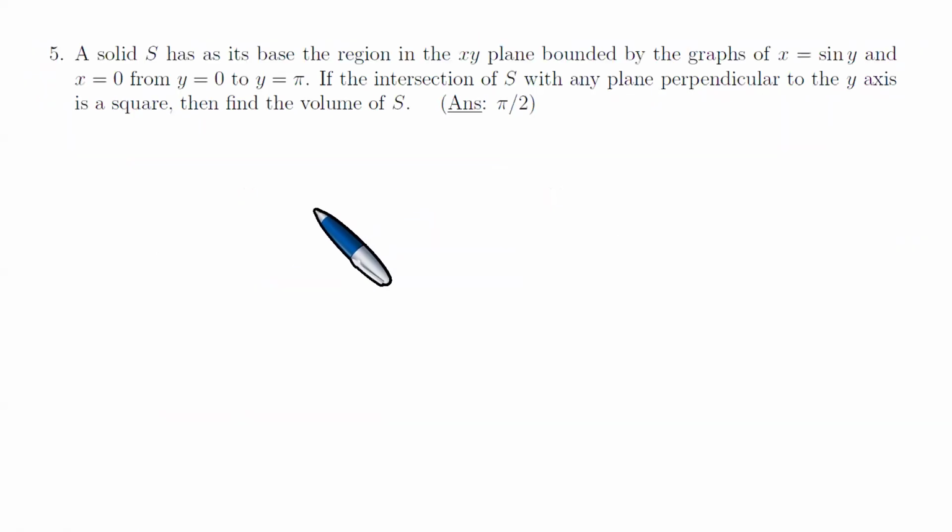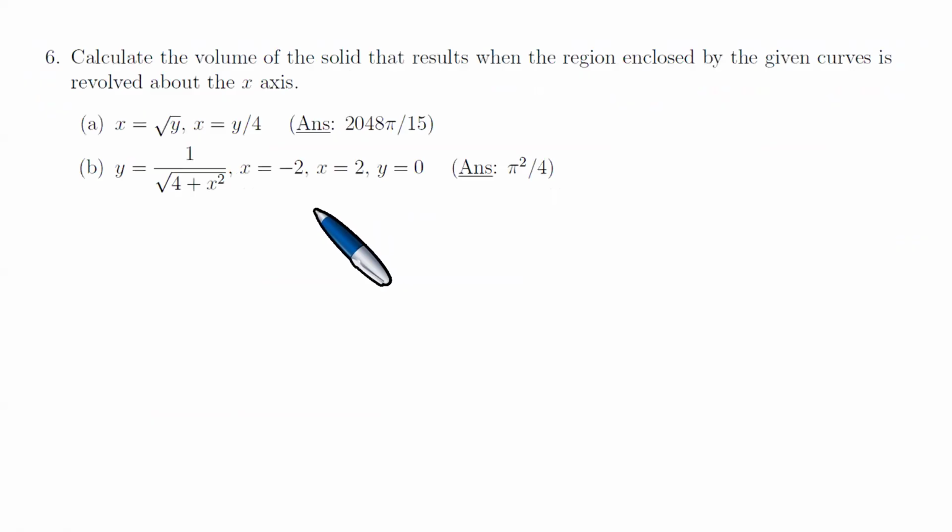So we are moving to number 6. Calculate the volume of the solid that results when the region enclosed by the given curves is revolved about the x-axis. Let us check this one out, and then we shall decide whether to use the method of the shells or the disk or the washer method. Right, so at this point you have 6a.